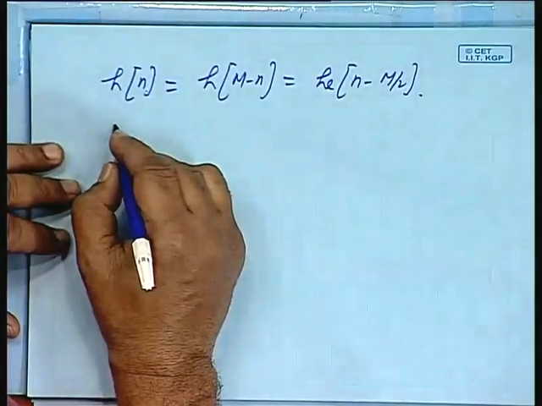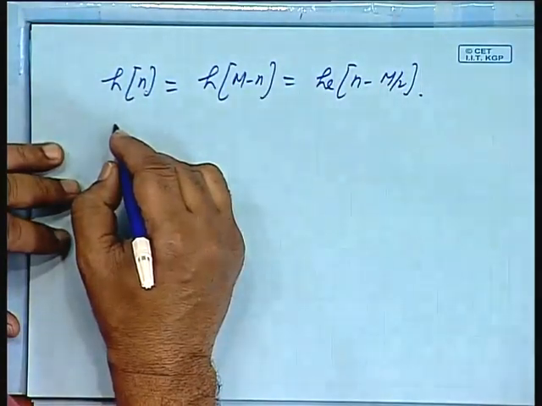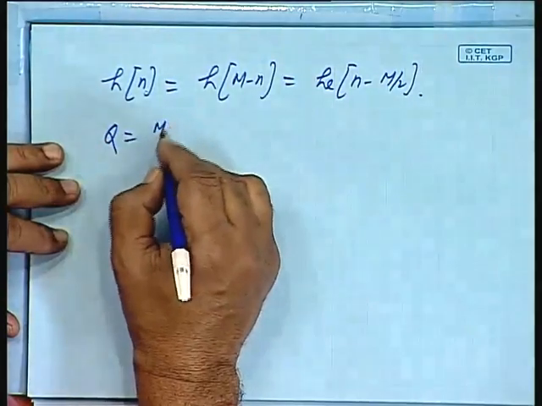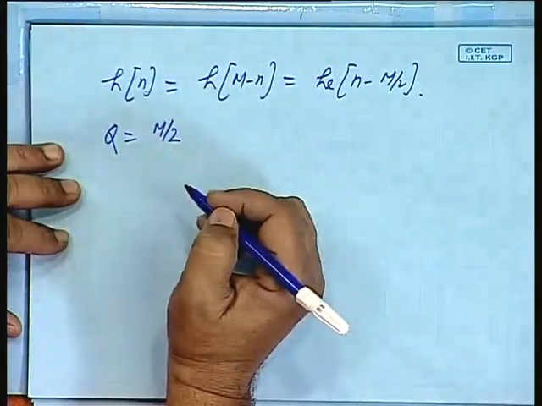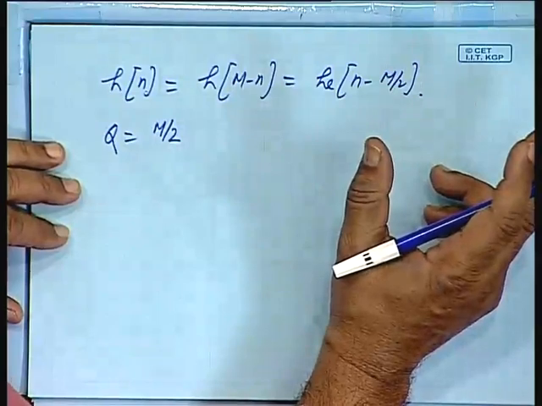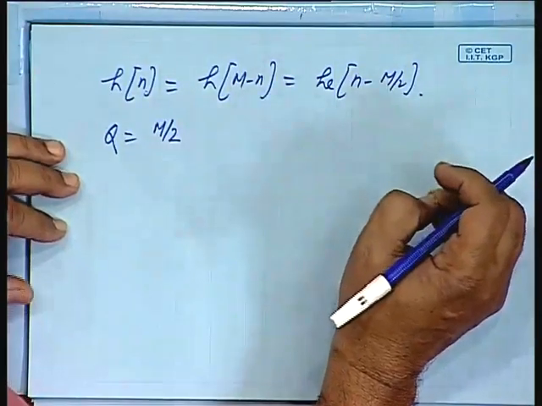So, let us define q as m by 2, where your total length is m plus 1. We had a 9-point sequence, so 9 minus 1 divided by 2 is 4. So, the shift was 4. Basically those 4 coefficients will decide the polynomial H0, H1, H2, H3.